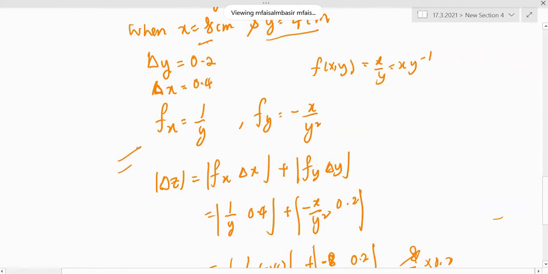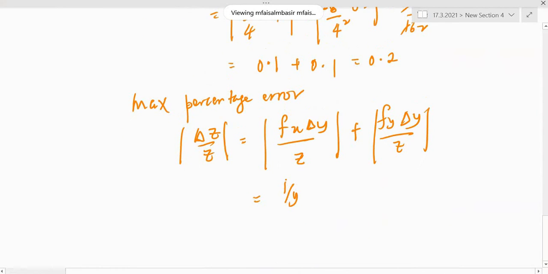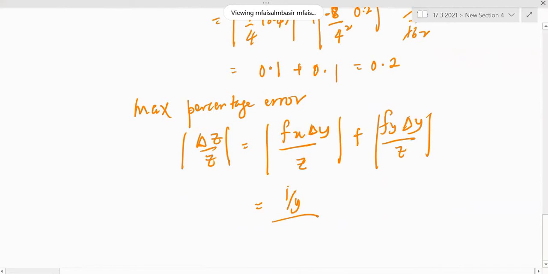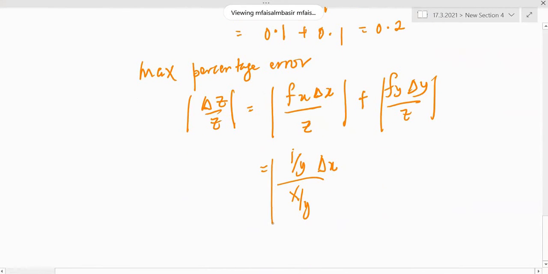Yes, fx is 1 over y. Then over x over y, delta x. Okay.